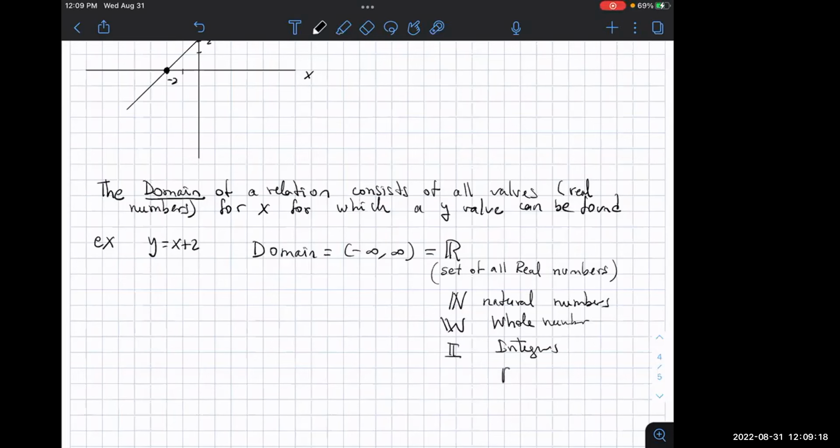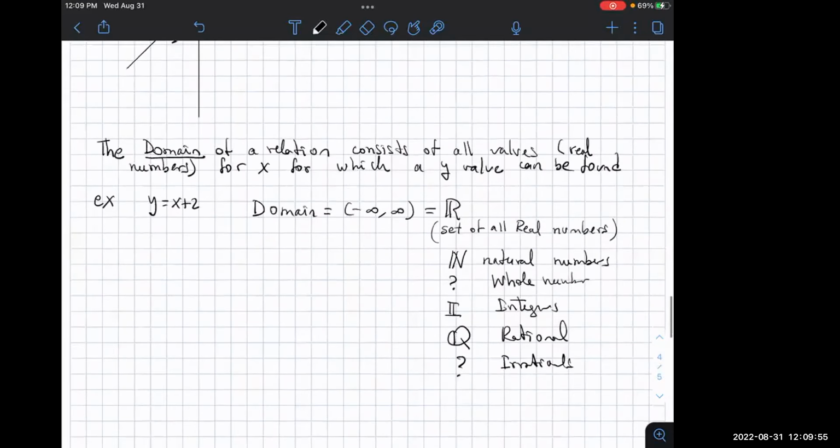And then we have rationals. Because R is already taken for reals, rationals is usually Q for whatever reason. And irrationals, wait, what is irrationals? I have to check. I forgot the notation for the whole numbers and the irrationals.